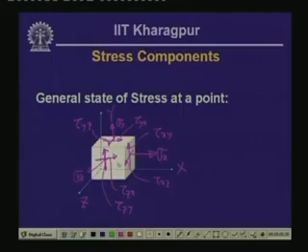Likewise, the other three faces, which are hidden from this side, also have the three components of those stresses, sigma, and in two planes we will have tau. Now, this particular plane, the normal to which is acting in the negative x direction, will have the stress sigma x acting in this direction.